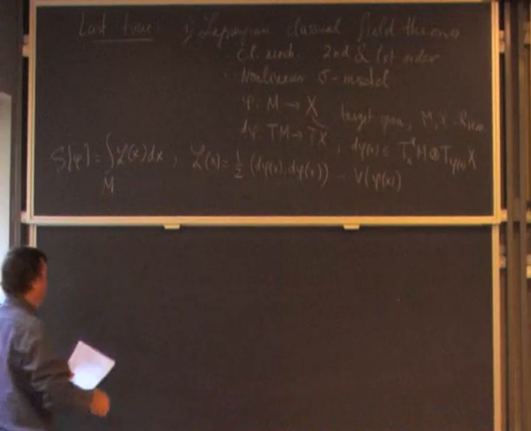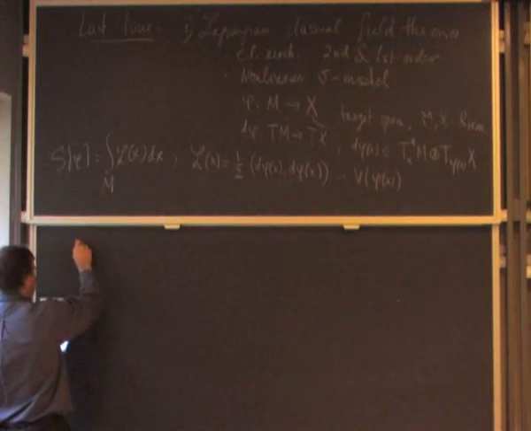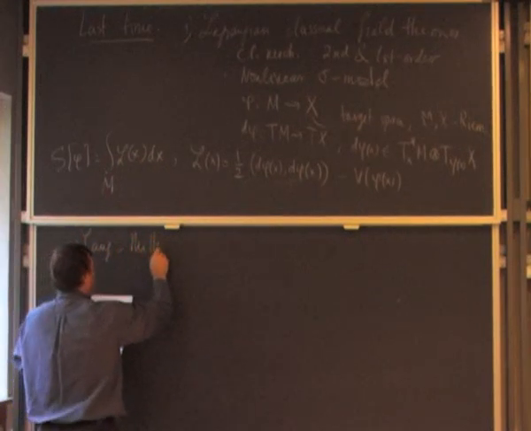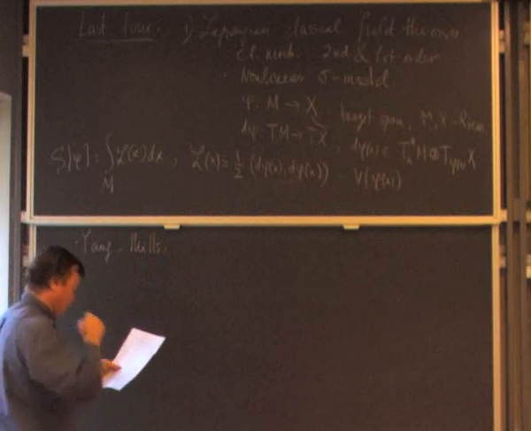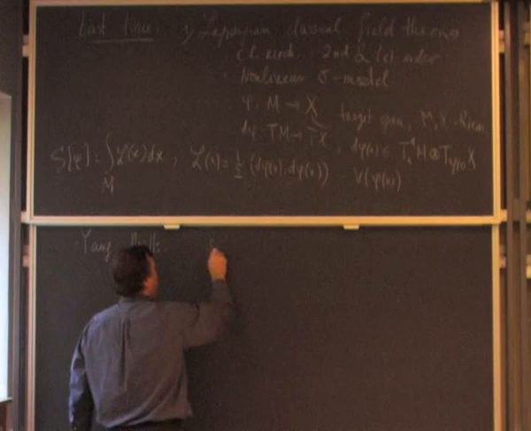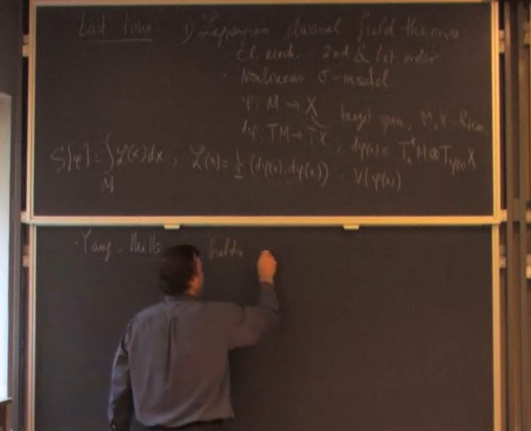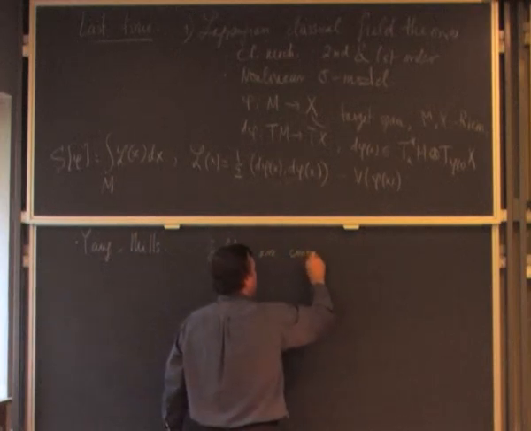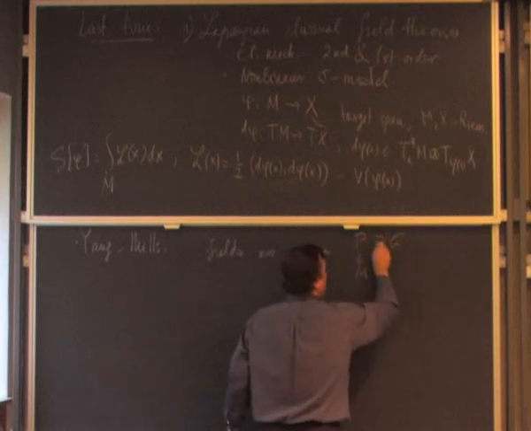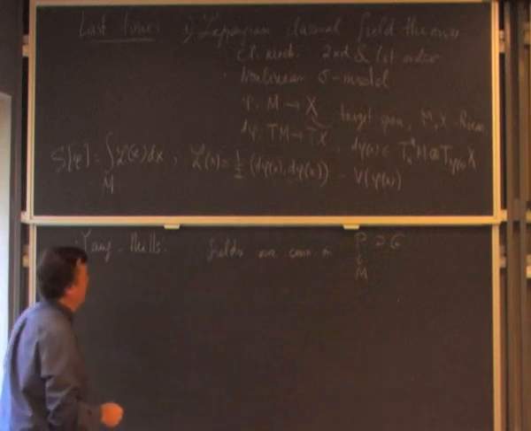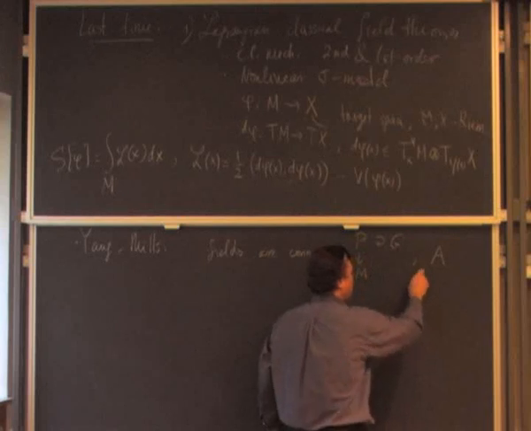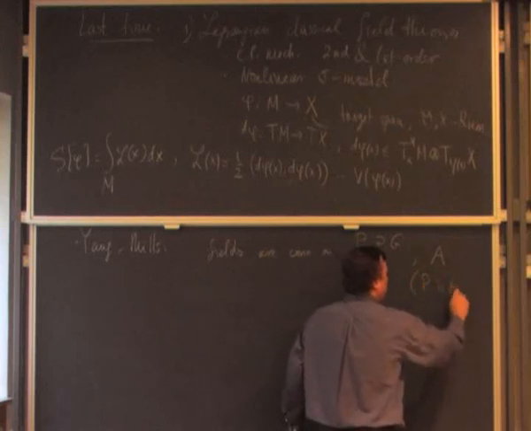Okay, so the next example was Yang-Mills. In this case, fields are connections on a principal G bundle. Let's just assume for simplicity that P is trivial.